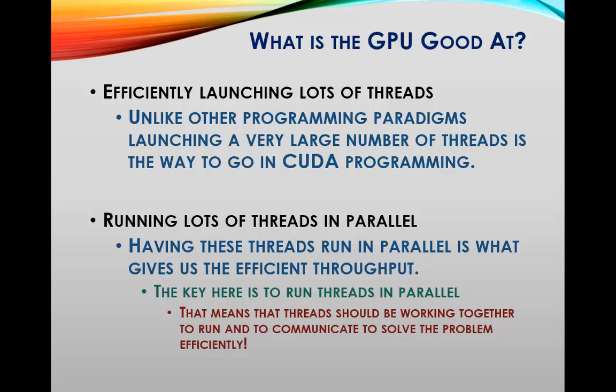If you look at any other kind of parallel paradigm out there, you may have a very limited number of parallelizable hardware at your disposal, for example 4, 6, 8, 16 CPU cores that you can parallelize your programs with.